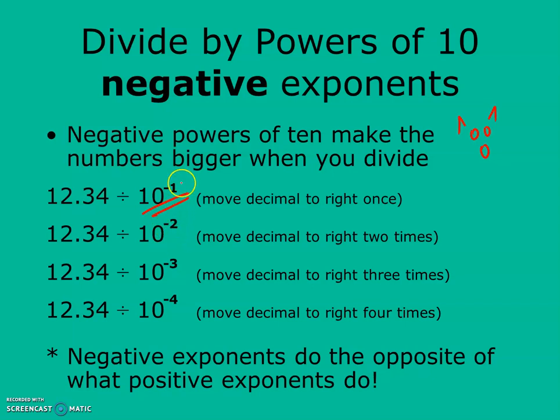So if you were dividing by 1/10, it's going to get 10 times bigger. 1 place to the right. Dividing by 10 to the negative 2, it's going to get 100 times bigger. Just tell yourself, okay, this is the weird one, and hopefully you'll remember it that way. Negative exponents do the opposite of what a positive exponent does.